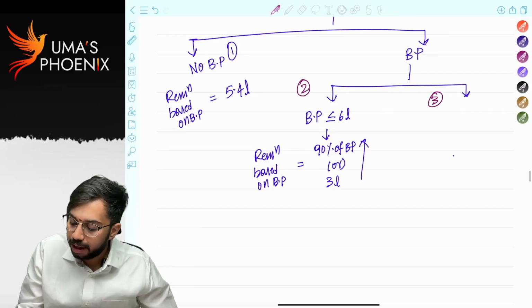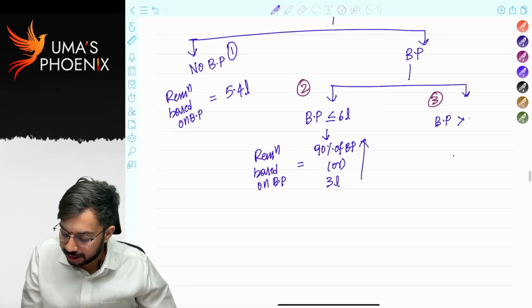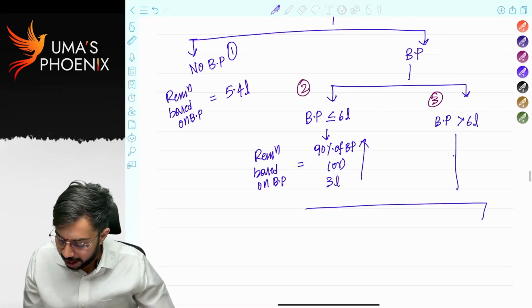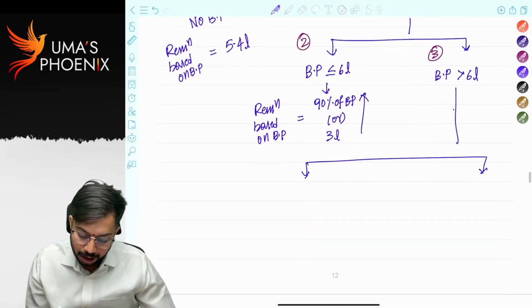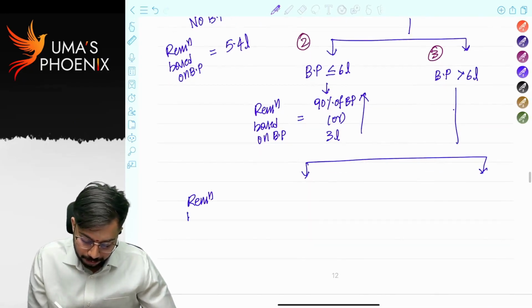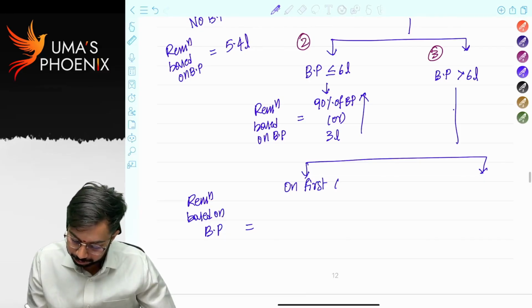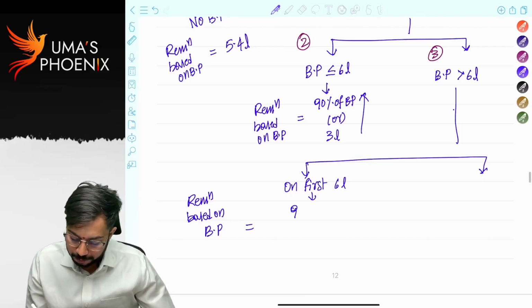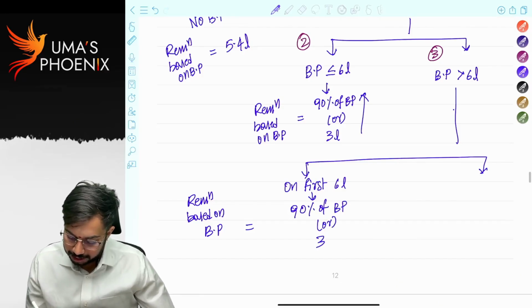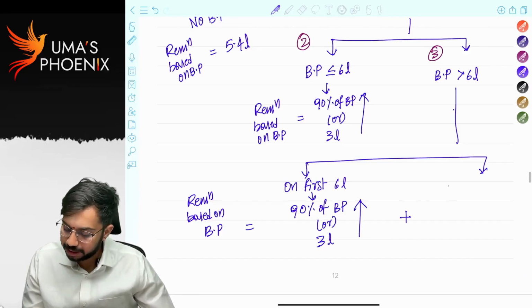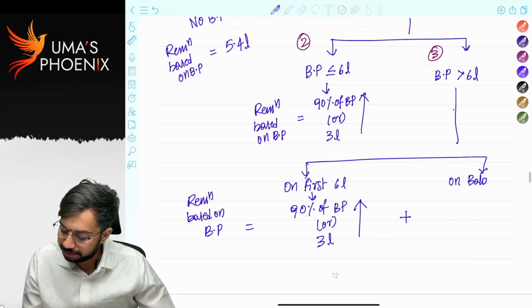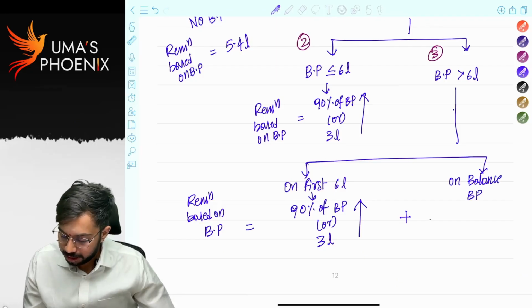Case 3, if book profits are greater than 6 lakhs, then remuneration based on book profits is equal to, on first 6 lakhs, 90% of book profits or 3 lakhs, whichever is higher, plus on balance book profits, 60% of book profits.